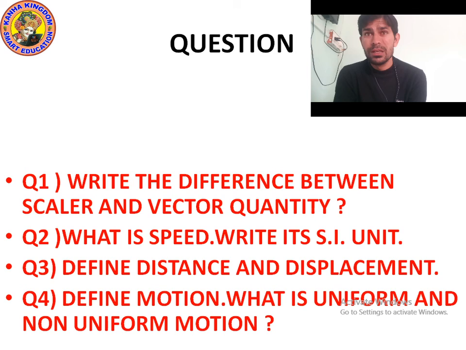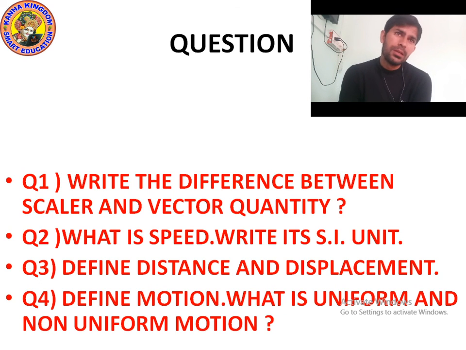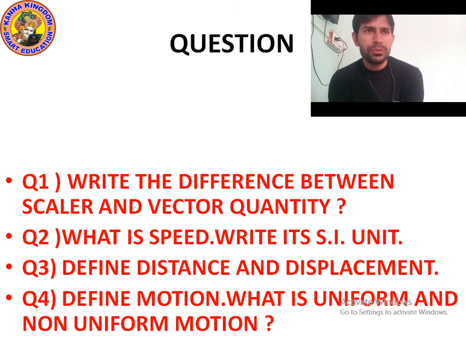If a body travels equal distance in unequal intervals of time, it is said to be in non-uniform motion. Or, if a body travels unequal distance in unequal intervals of time, it is said to be in non-uniform motion. So I hope you understood.